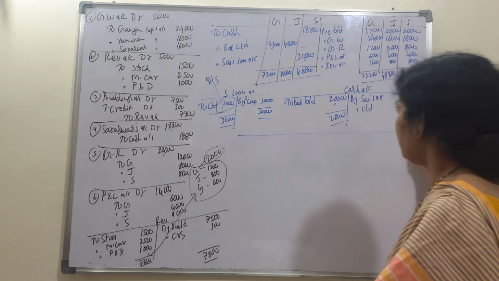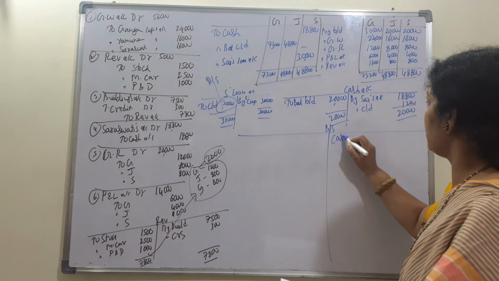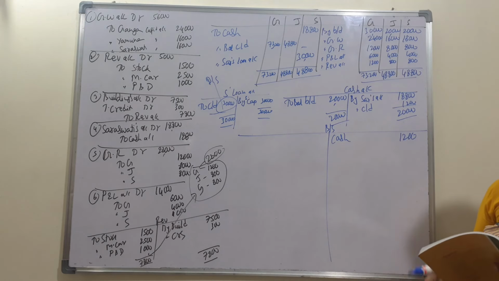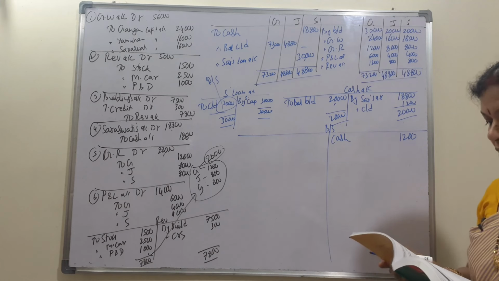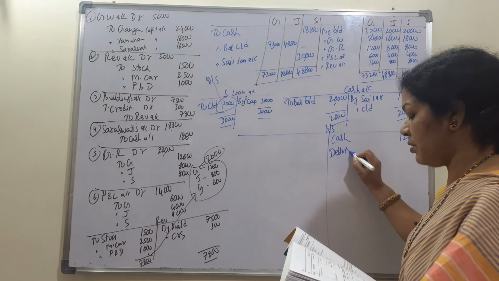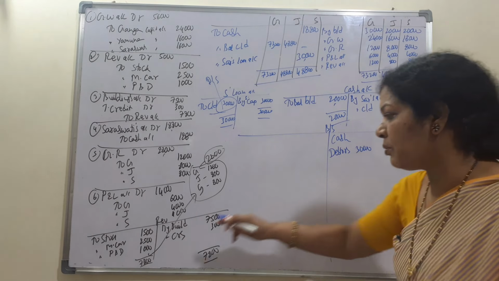Now we'll open the balance sheet. We'll start with cash. Cash is 1,200. Next, what else is there in cash? Cash is here 1,200 and debtors. Debtors is here 30,000. There is an adjustment. What is that?